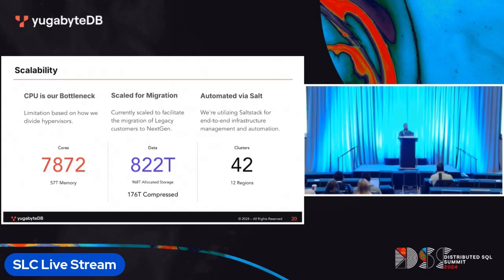And then lastly, in those 42 clusters, we're just shy of 8,000 cores that supports it. As we work through our migration, as I mentioned, the onboarding in our CASB API can be extremely CPU intense, and the scale up not only of the compute in Kubernetes, but the scale up of Yugabyte will allow us to scale that 8,000 cores into 15 or 20,000 to support the onboarding or migration of the CASB API instances that we have for our customers.